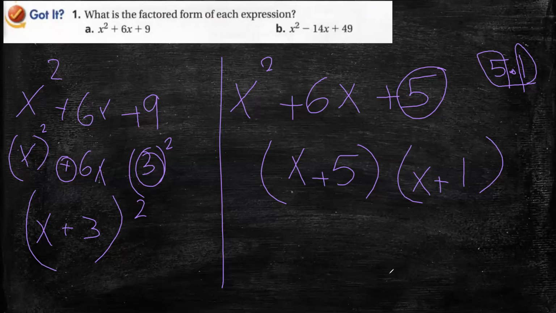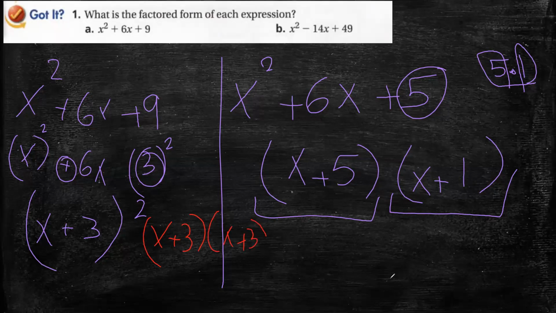Since now this 5 is not a perfect square, what does it mean? That means the two factors here are not the same. But for the first one, it was x plus 3 squared, which means it's x plus 3 times x plus 3.